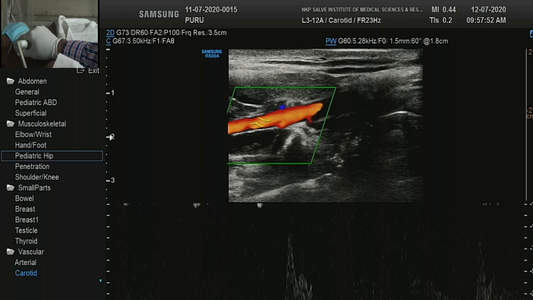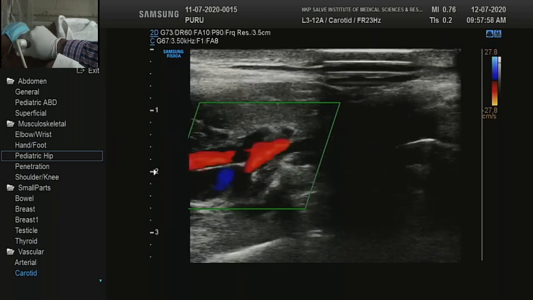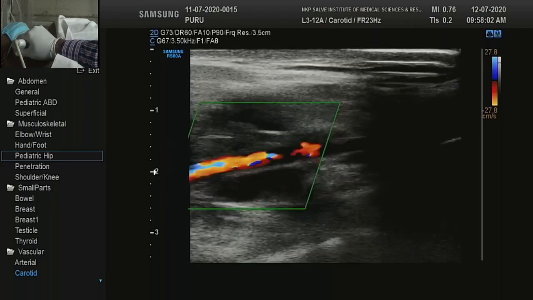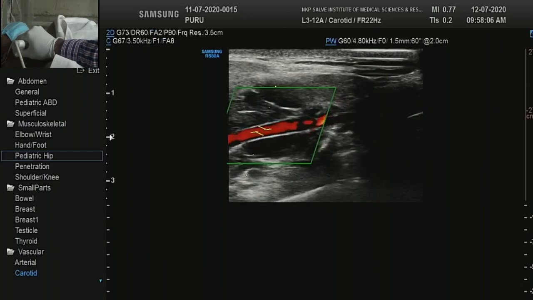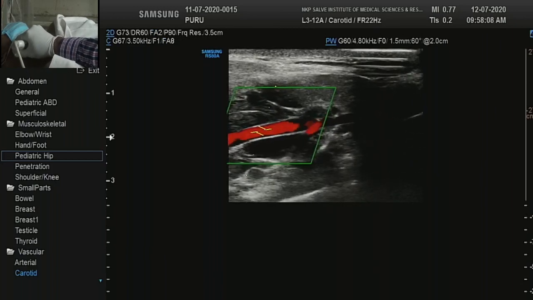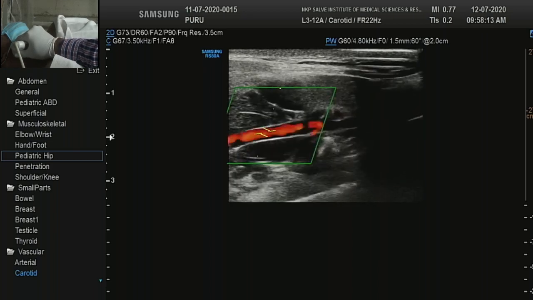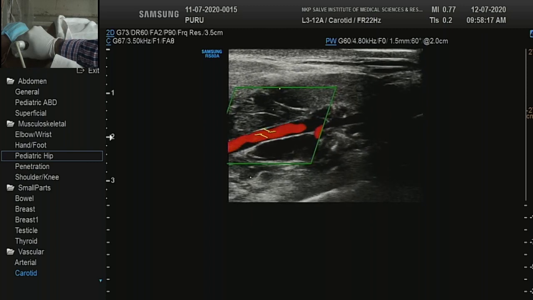So my hand has changed its position, so we are lost. We'll come back to color, check where the vessel was, and again sample it. So you need not change the angle of the sample volume or the gate, because the artery is already making an angle with the probe.